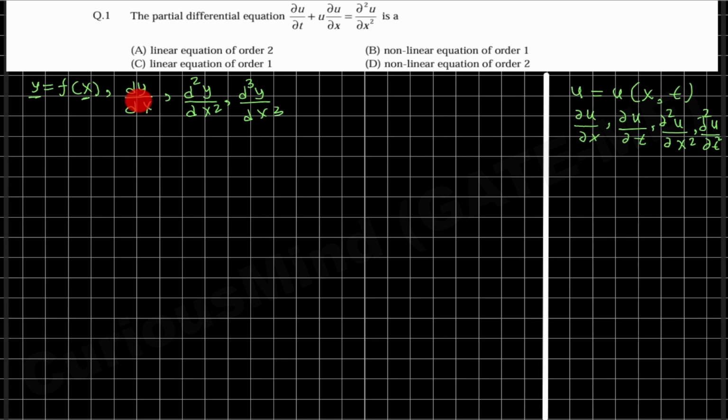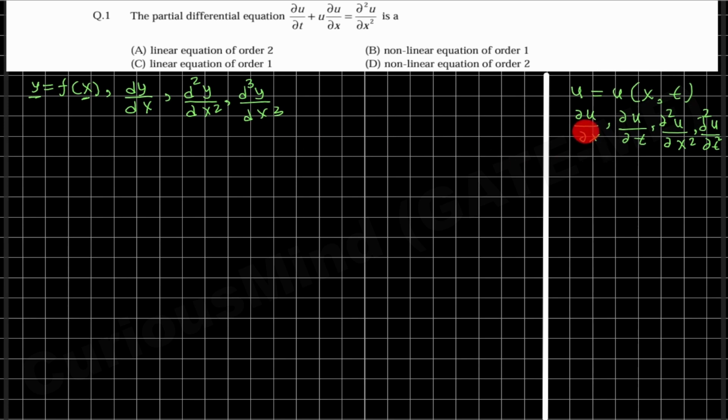the order of the first exact derivative is 1. The order of second derivative, exact derivative, is 2. And the order of third exact derivative is 3.